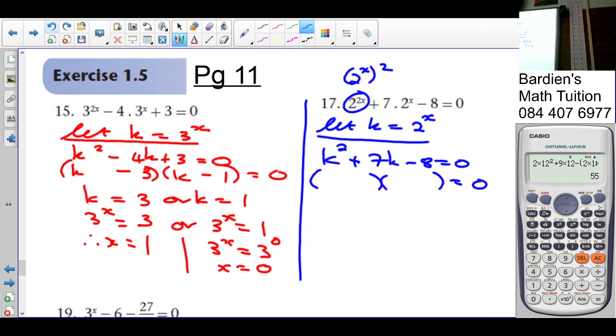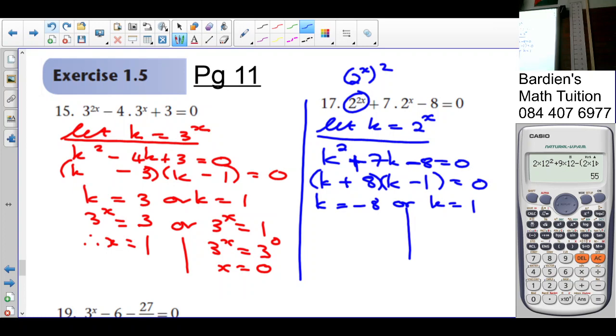The trinomial can factorize into k and k, 8 and 1. So that is minus, so one bracket must be plus and one must be minus. The bigger product must be plus. So at this point we say k plus 8 is equal to 0, so k is equal to negative 8. Or k minus 1 is equal to 0, so k is equal to 1.